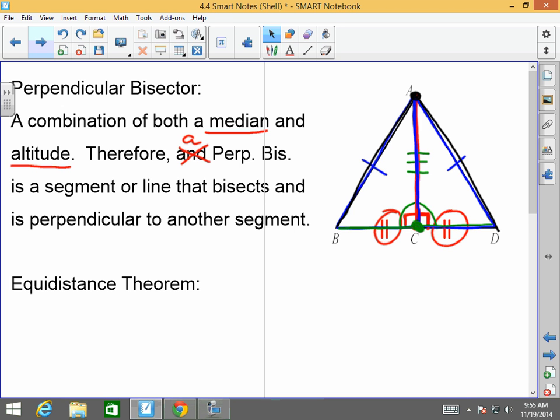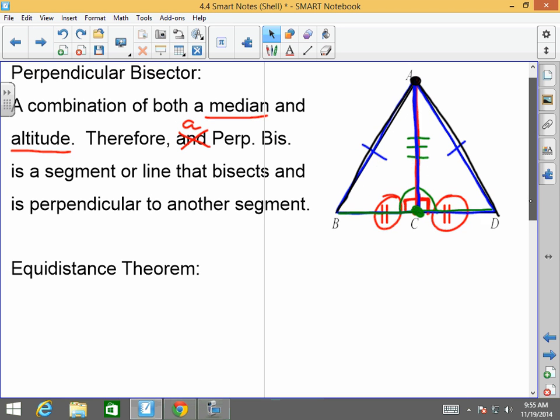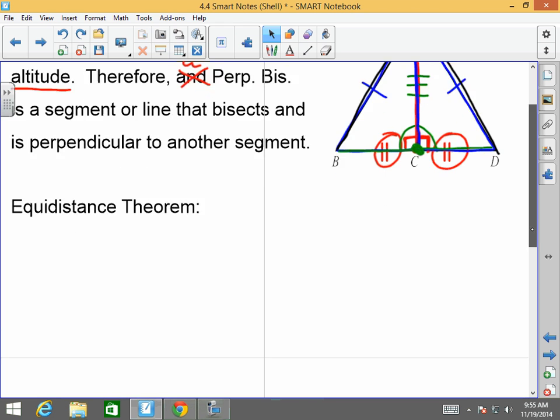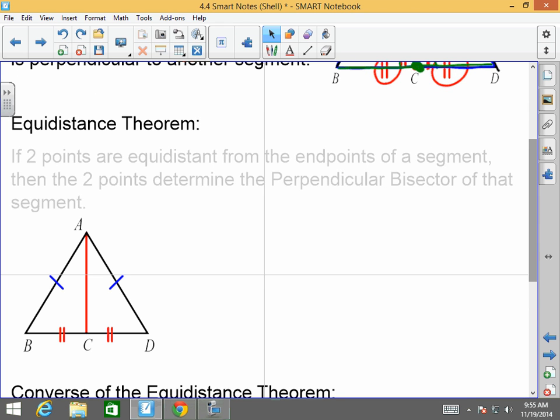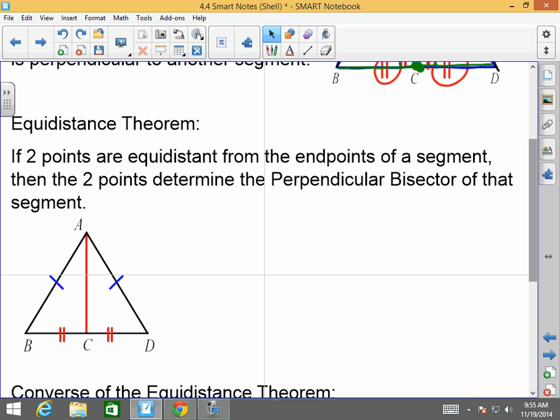A lot of people have problems with this because I don't think that they take the time to show you why it occurs. So the equidistant theorem states the following. If 2 points, in this particular case, we're talking about point A and C, are equidistant from the endpoints of a segment, really to be more clear, of the same segment.